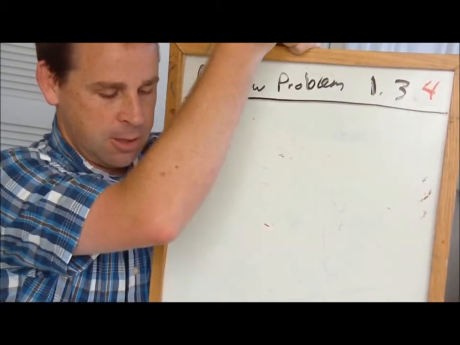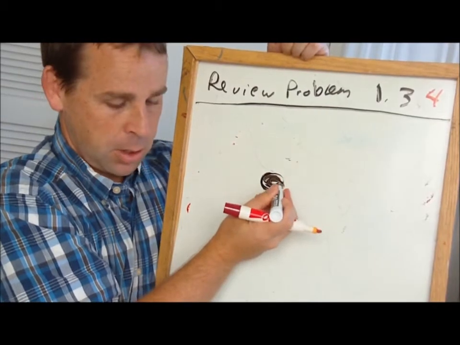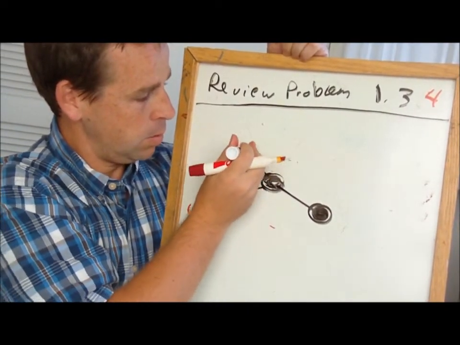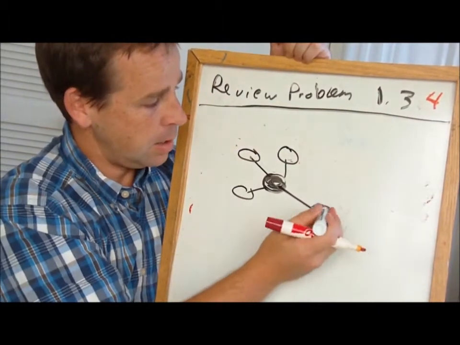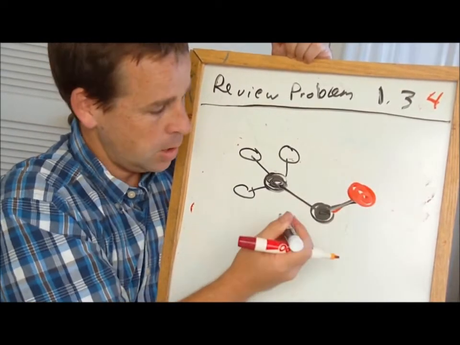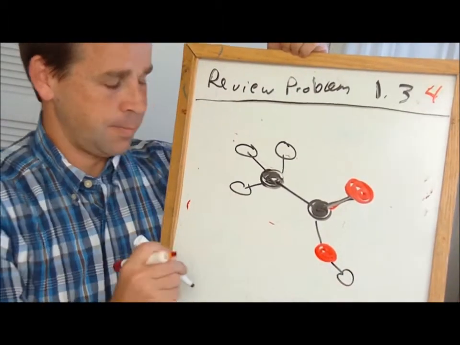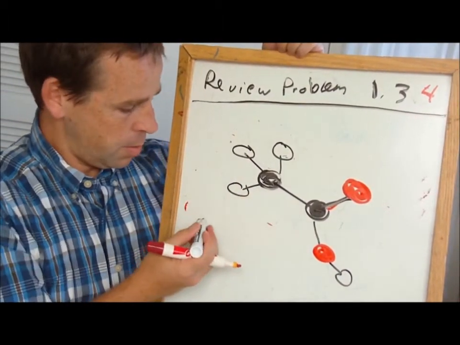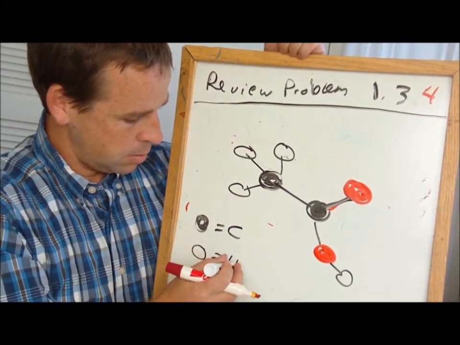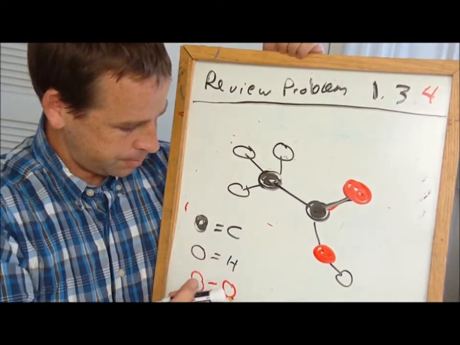We have an image where a black ball is bonded to another black atom, and these are bonded to 3 white atoms, and this is bonded to a red atom, which is bonded to another red atom, which is bonded to a white atom. Black is carbon, white is hydrogen, and red is oxygen.